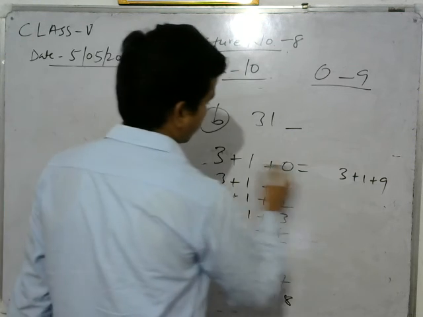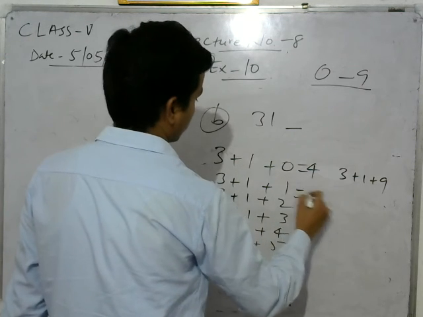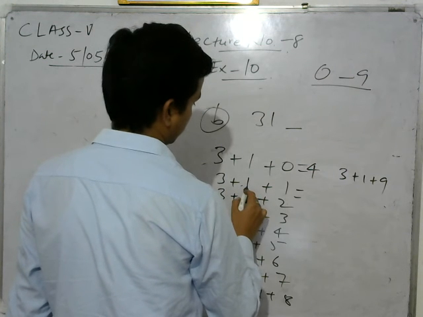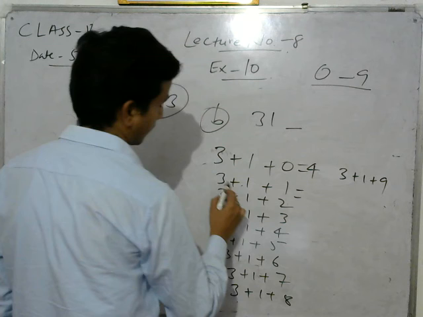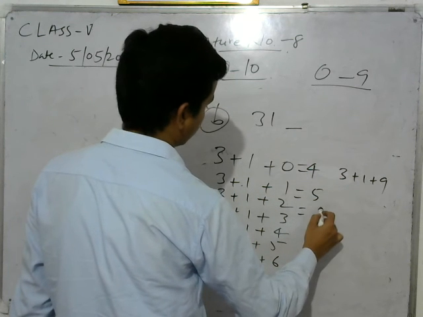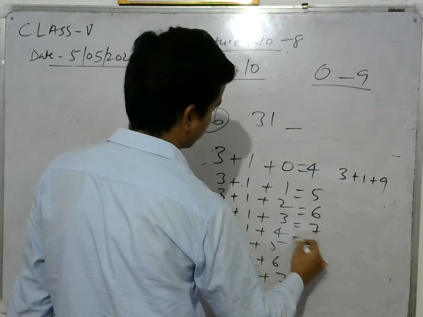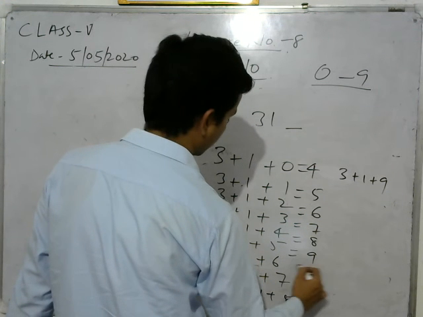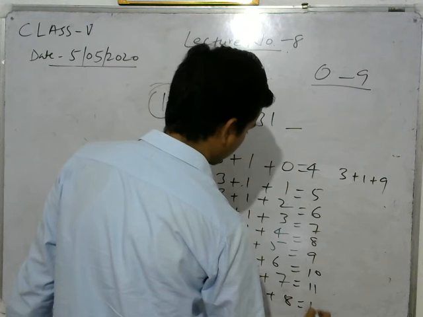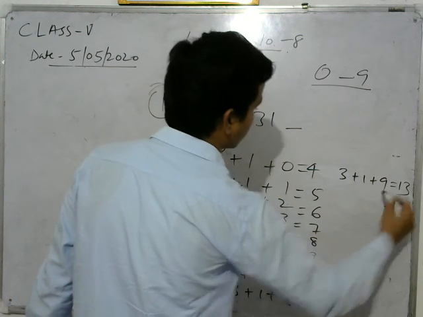So what are you getting? 3 plus 1, here you are getting 4, then 5, 6, 7, 8, 9, 10, 11, 12, 13.